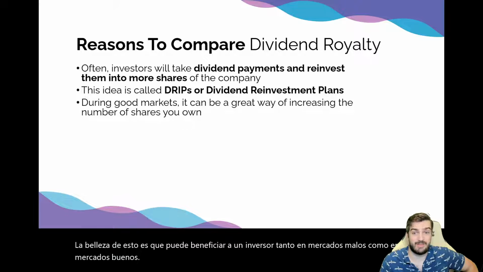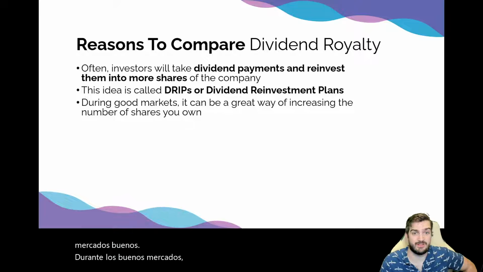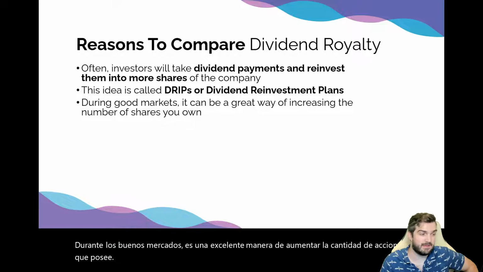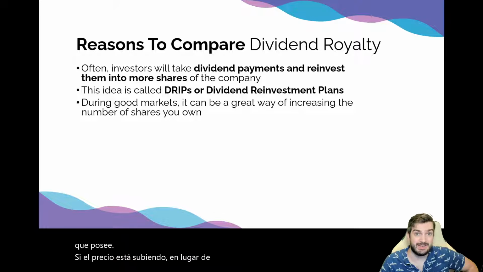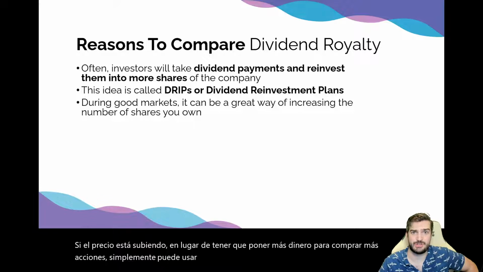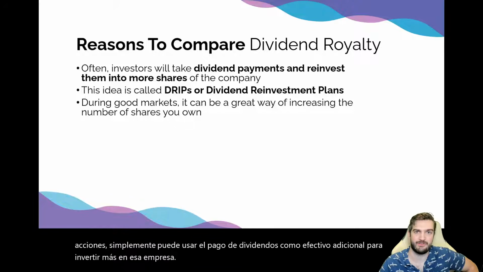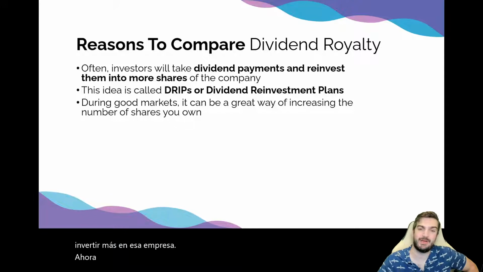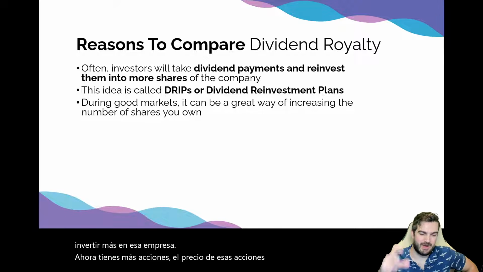During good markets, it's a great way of increasing the number of shares you own. If the price is going up, instead of having to put more money in to buy more shares, you can simply use the dividend payment as extra cash to invest more into that company. Now you own more shares, the price of those shares goes up, you're making more money, you now get more dividends, and the cycle continues.